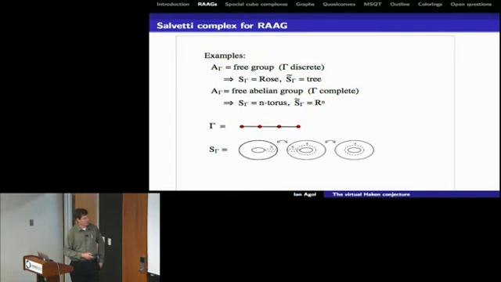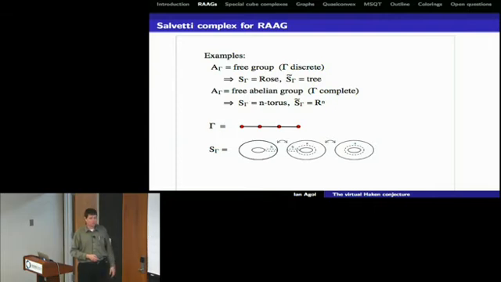You're going to see this torus glued to this one along a circle, and this torus glued to this torus along the circle corresponding to A. It turns out that this is the 2-complex that's a spine for the complement of the chain of 4 rings. If you take the Olympic rings and remove one, then this is the fundamental group of the complement, which is a 3-manifold. So those are some examples of Salvetti complexes.